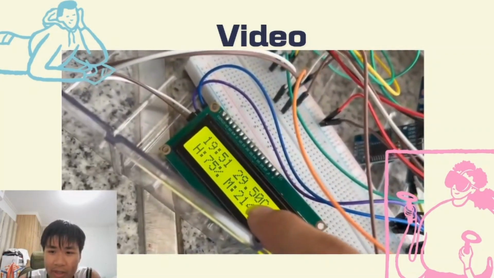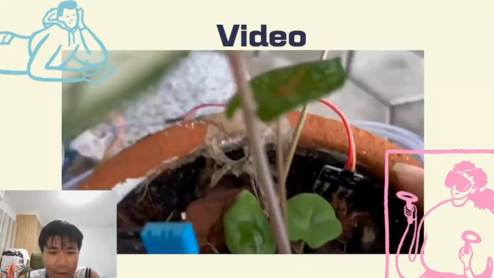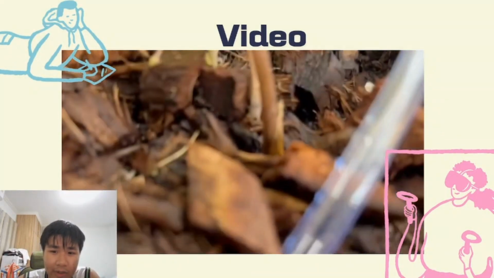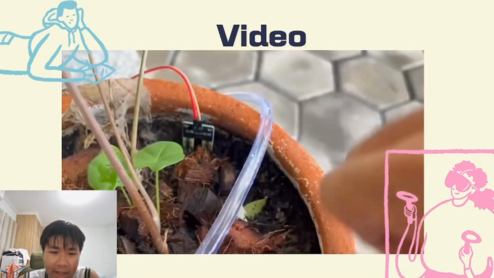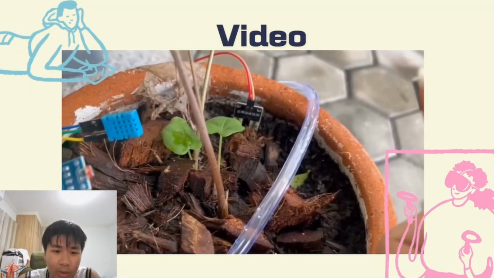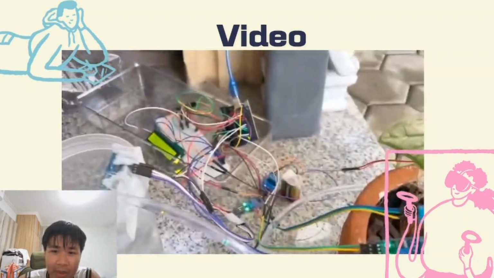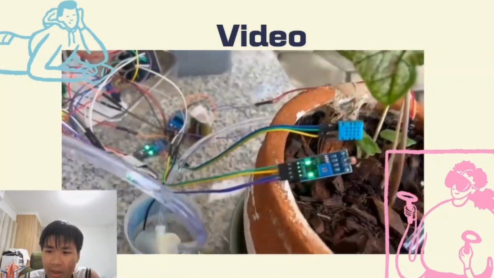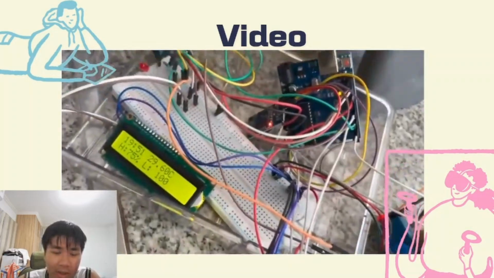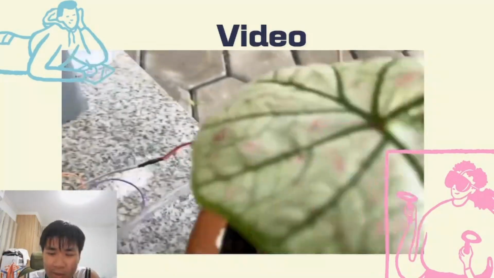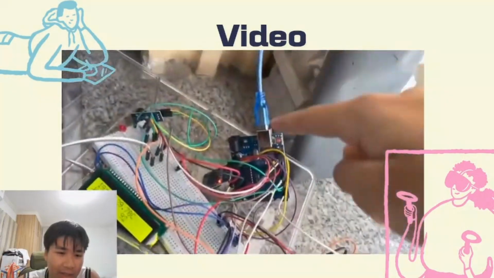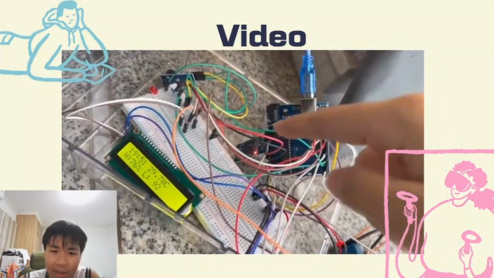Next, we have moisture. Here it will come from the soil moisture sensor right here. It checks the soil moisture if it's good or dry. If it's good, it will keep observing and stay ready. But if not, the soil sensor will send to the Arduino that it is dry.